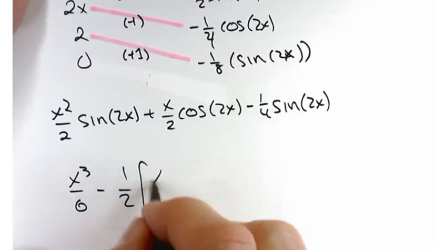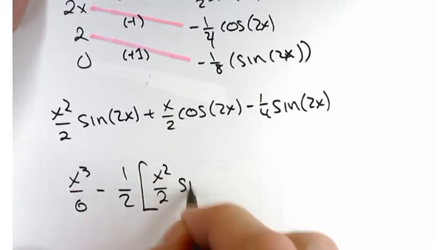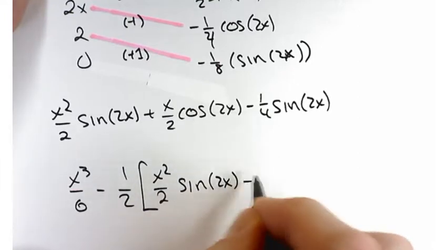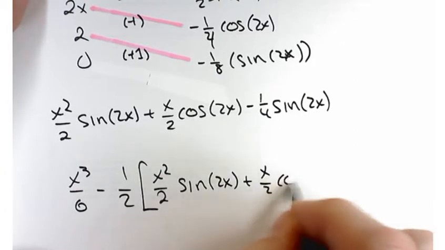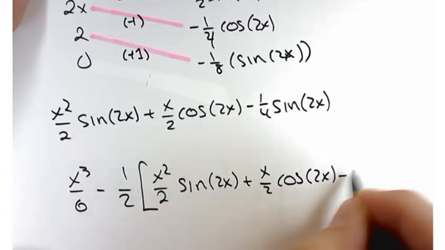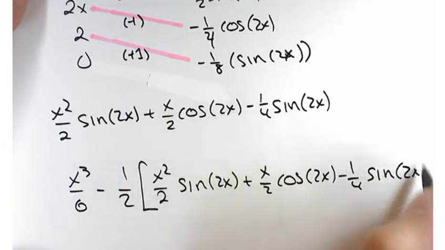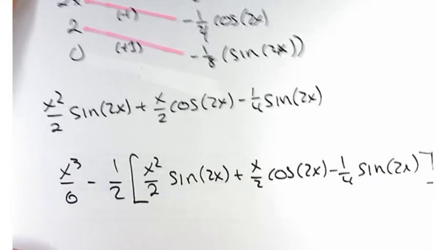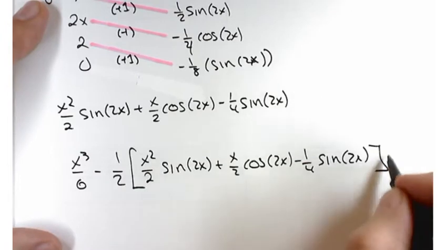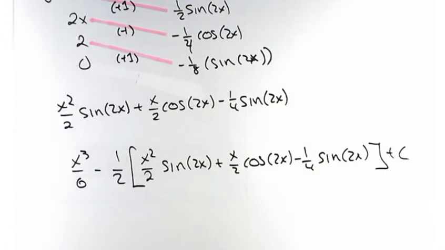So x squared over 2 sine of 2x plus x over 2 cosine of 2x minus 1/4 sine of 2x plus our constant. Yay. Don't want to forget the constant.